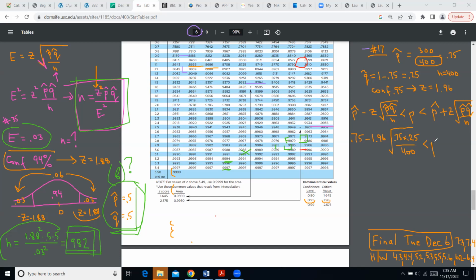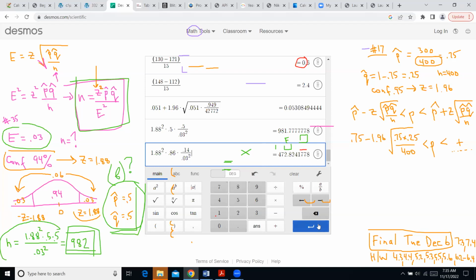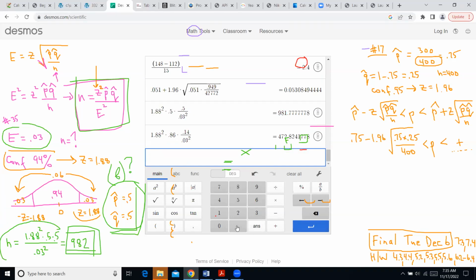So that's for p, the left side. And what you need to do for the quiz, do the right side. So it's the same thing, but with a plus. So let me show you how I enter this in my calculator here. So we go with 0.75 minus 1.96.